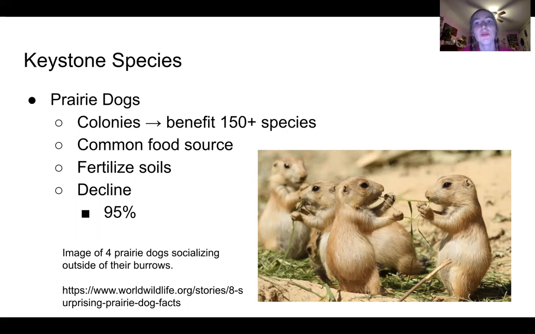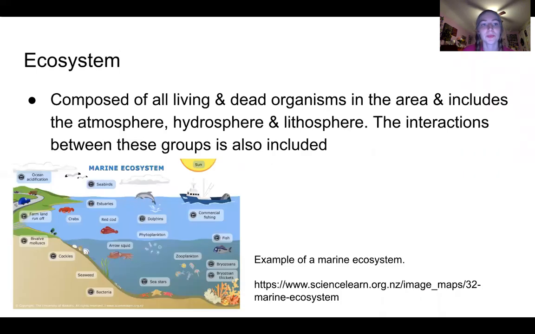They also help fertilize soils with digging around and digging up plants and vegetation, but they are in decline. Over 95% of their population was lost, and they're very integral to prairies. So if we lose them, we'll see a lot of other species start to suffer.